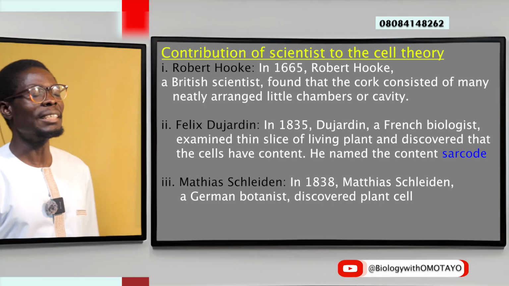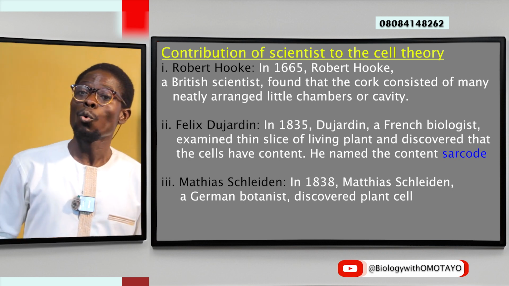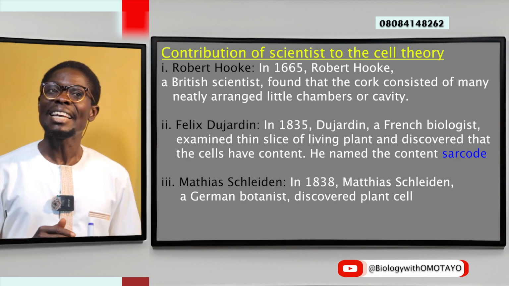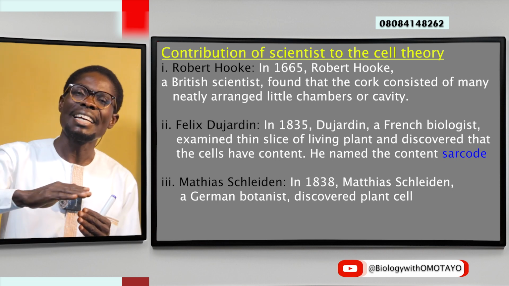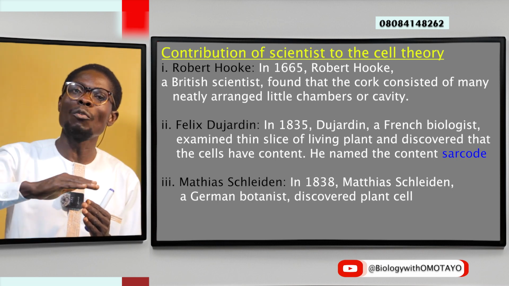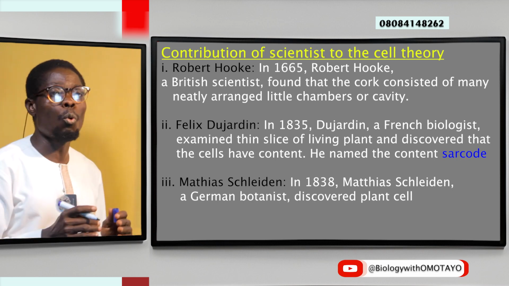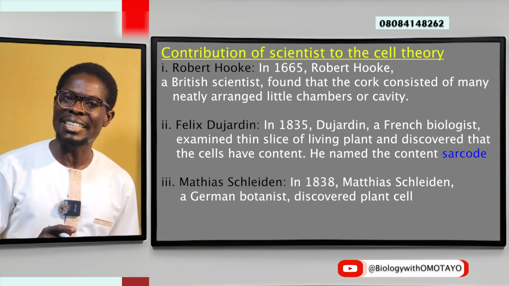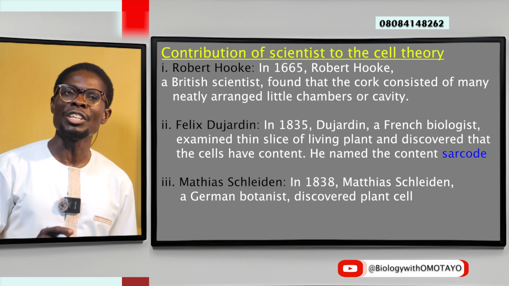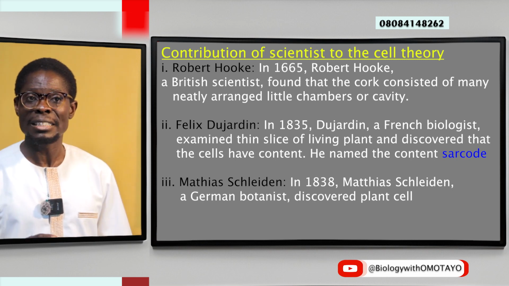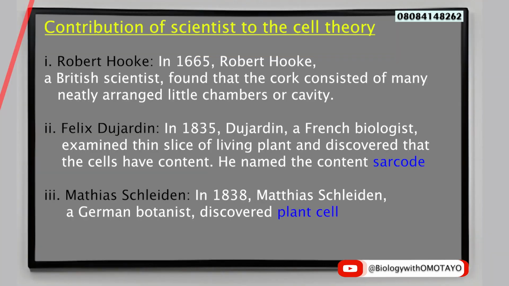Mathias Schleiden in the year 1838 went on to examine a thin slice of a leaf. And from the work of Mathias Schleiden, he was able to come up with the discovery of the plant cell. So in 1838, Mathias Schleiden discovered the plant cell.